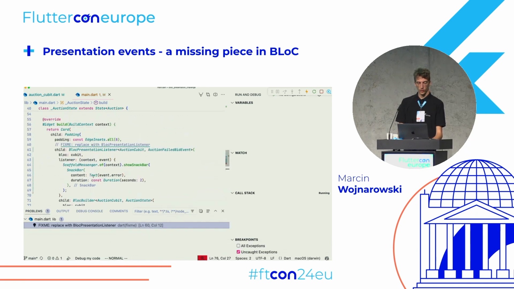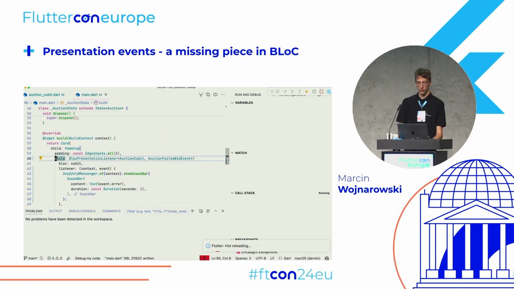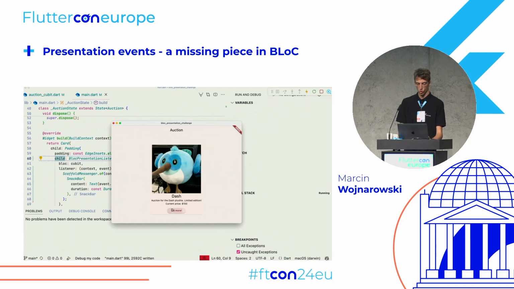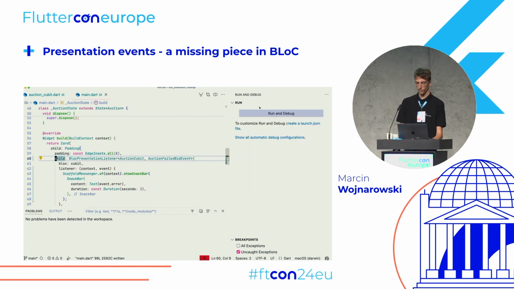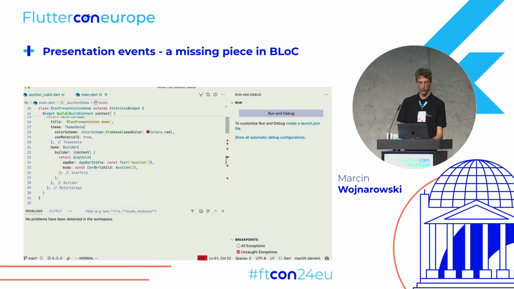We can now remove the fix me. Now let's see if I broke anything. Yes, so it goes up, but it's not showing the snack bar. I was told not to do live demos.